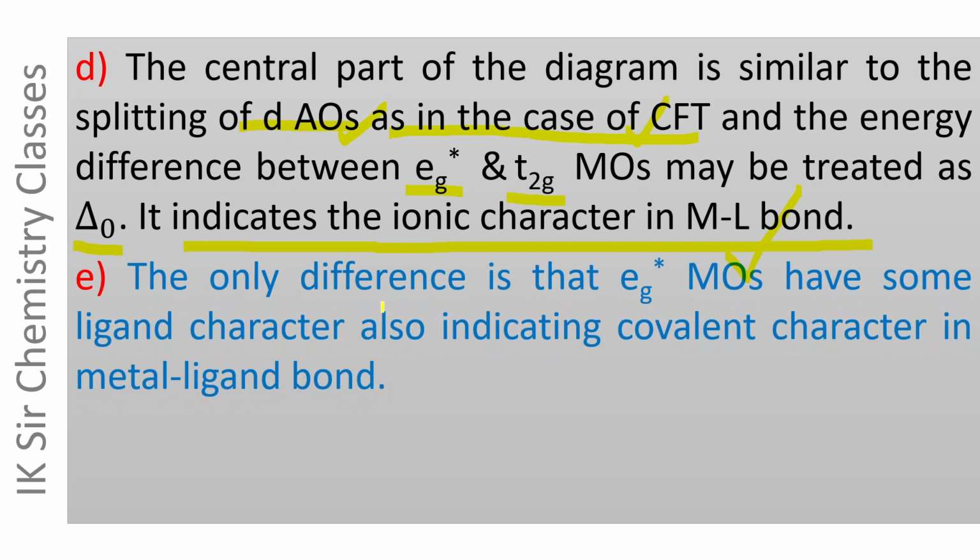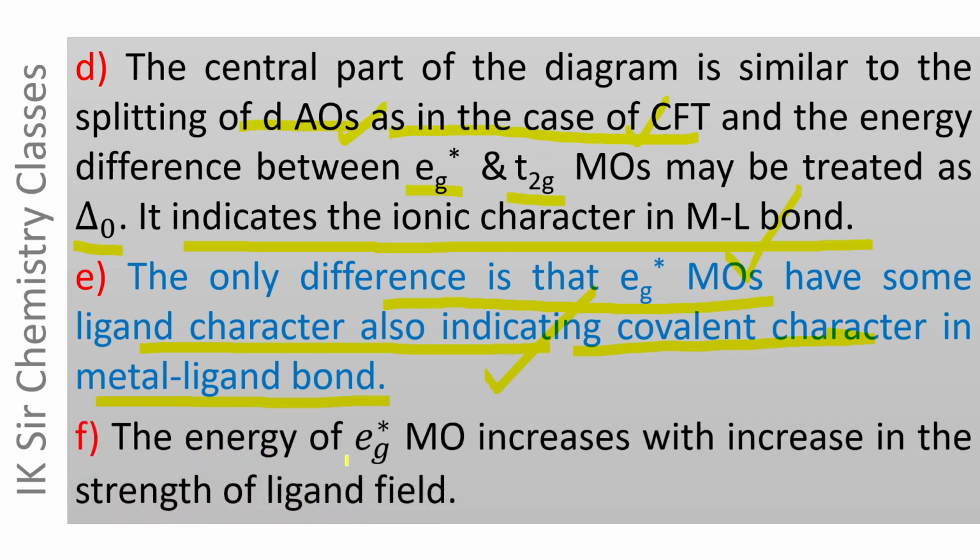The only difference is that eg star MOs have some ligand character also, and it indicates the covalent character in the metal ligand bond. Thus, the molecular orbital theory incorporates the possibilities of both ionic and covalent character in the metal ligand bond.